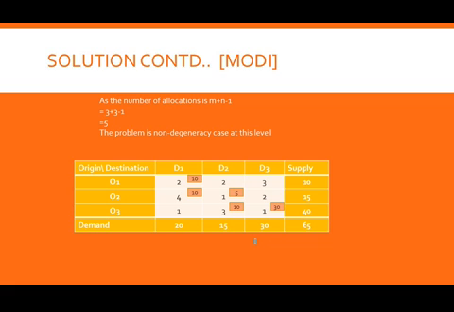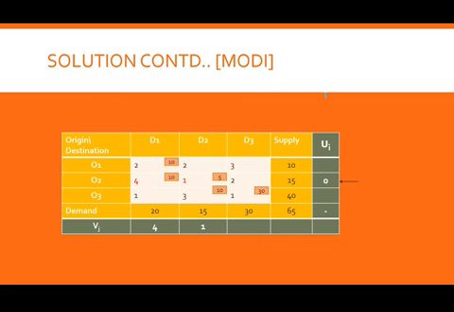So how do we go about optimizing? Find out the Ui and Vj values. Let me consider this row Ui value as 0. Using these two as reference values, I get the Vj values as 4 and 1. Now I'll take this as a reference, so this becomes the corresponding reference value. 2 minus 4 becomes minus 2.